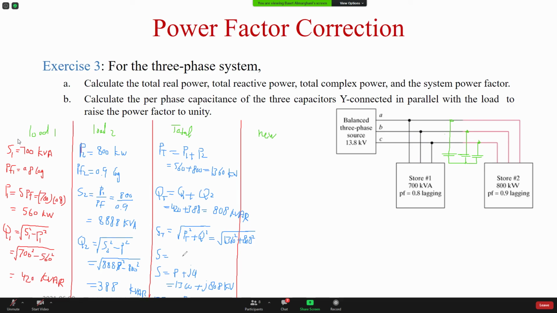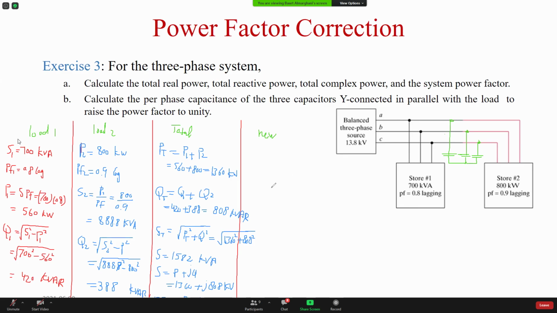Give me the answer, please. 1582 kilovolt ampere. So this is 1360 divided by 1582. You can get the answer.